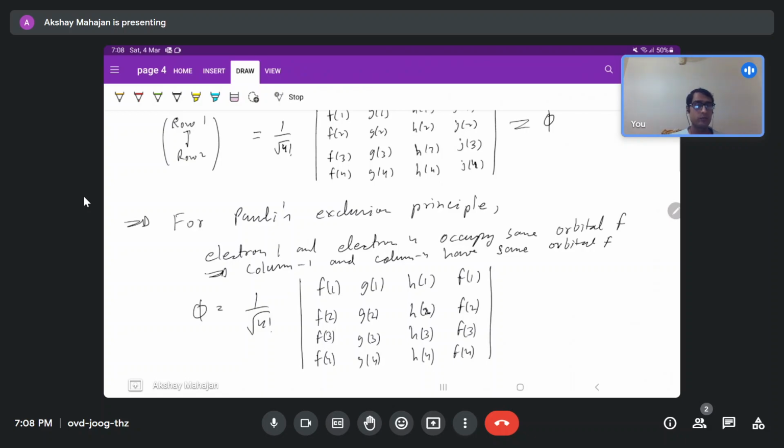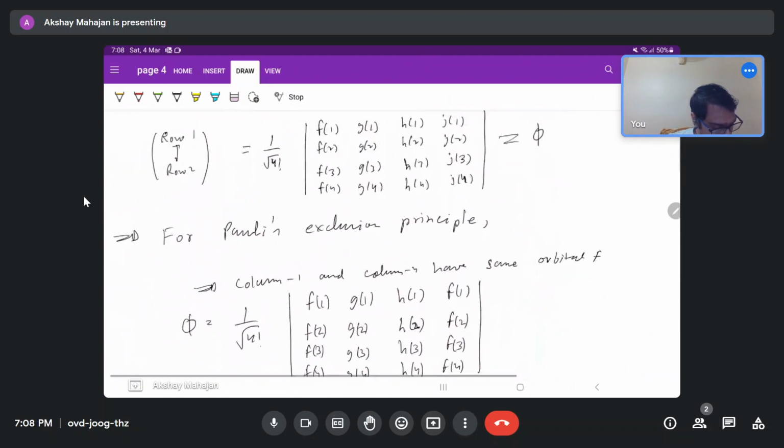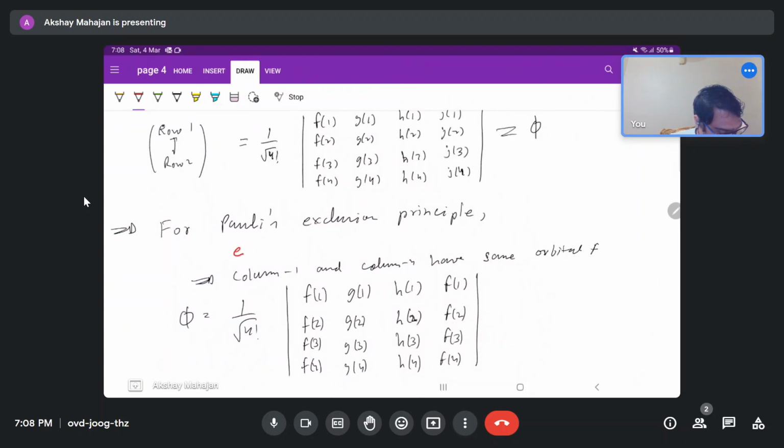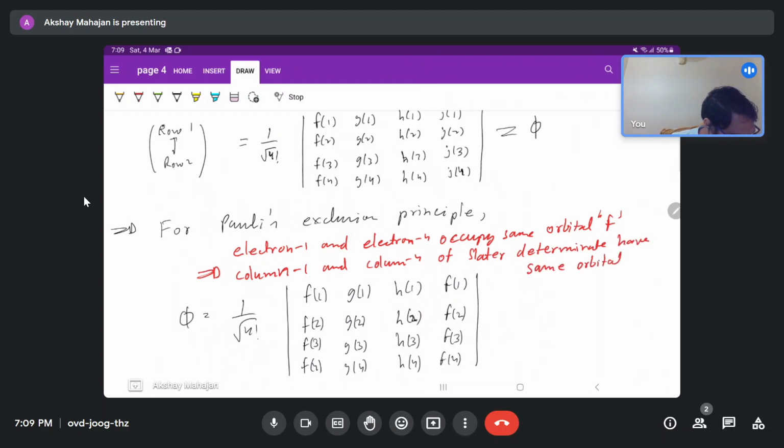So if I am saying electron 1 and electron 4 occupy the same orbital f, then what I am saying is that column 1 and column 4 of the Slater determinant have the same orbital f.